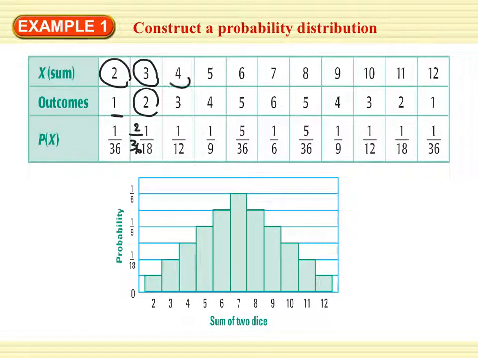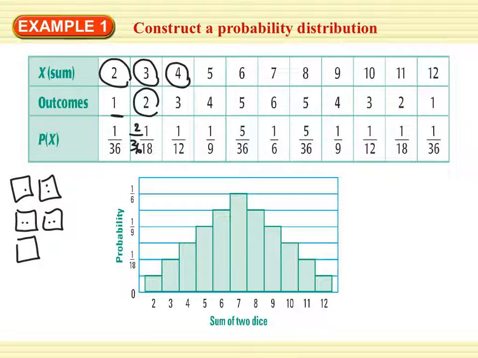Okay, outcome of 4, which is going to be a die with 2, a dot and a dot. That one. Sorry, this should be 3. Okay, that's how we get 3 different ways to make 4, which is 3 over 36, or 1/12.